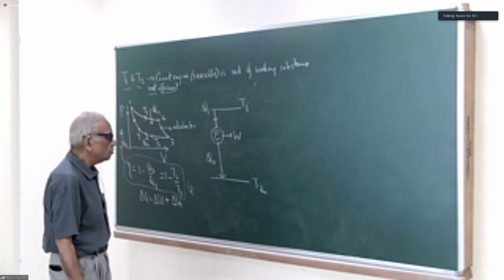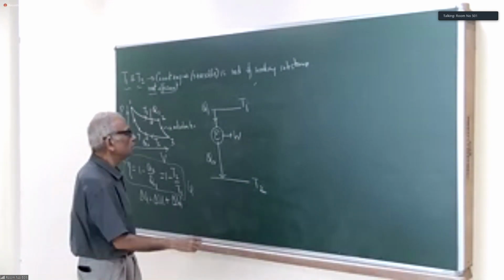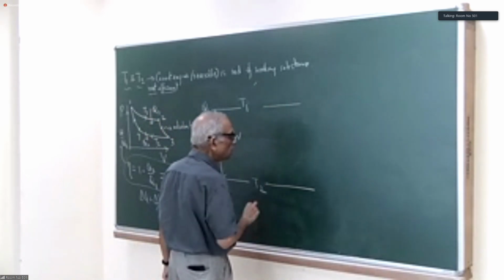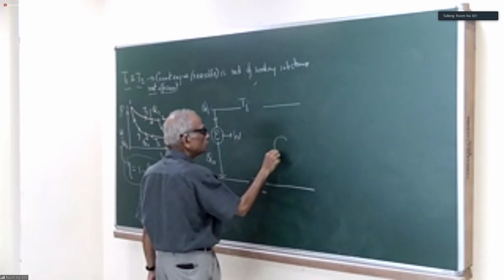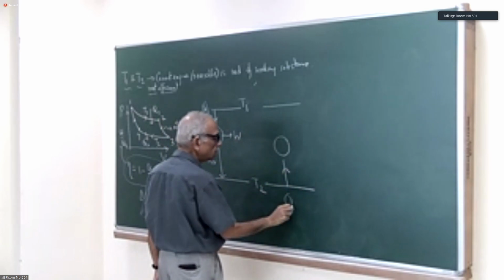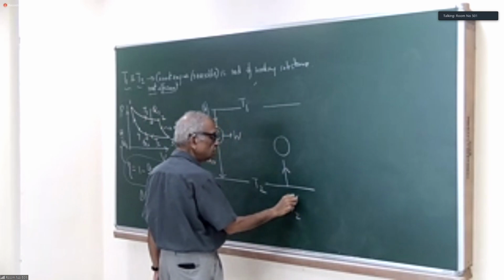So anyway, now there is a Carnot engine. What does the Carnot engine do? It takes a certain amount of heat. I'm going to run it, as I said, in reverse.